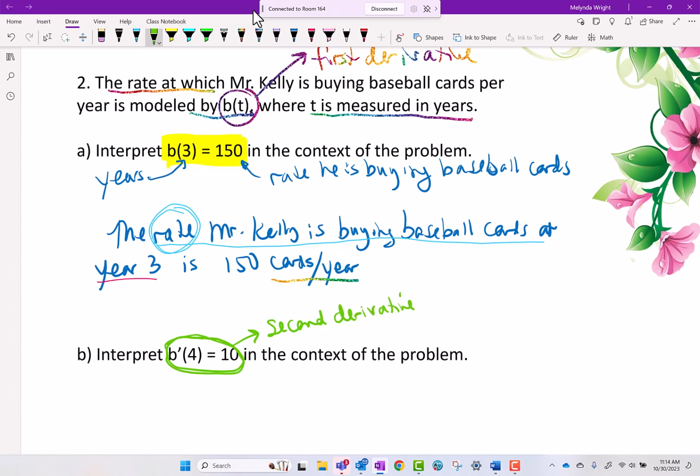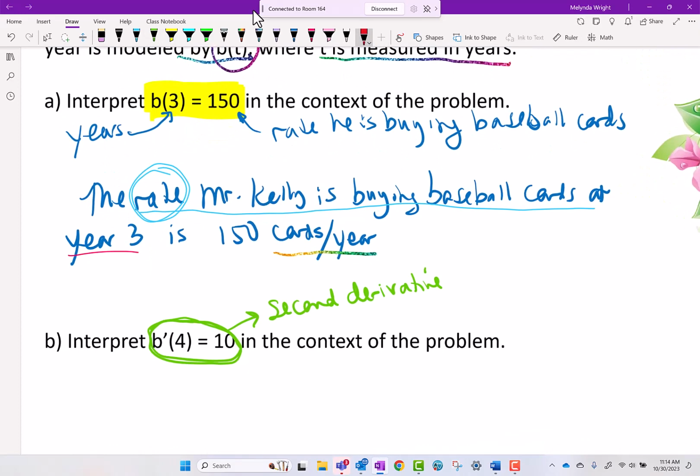The second derivative is the rate the first derivative is changing. So we might want to make ourselves a note. It's the rate that the first derivative is changing.